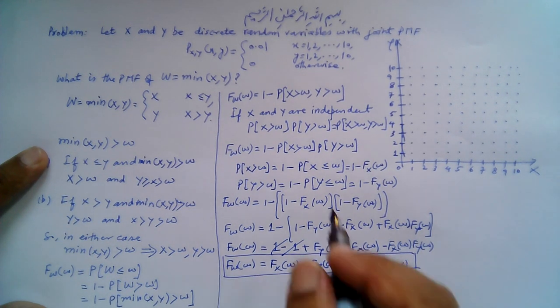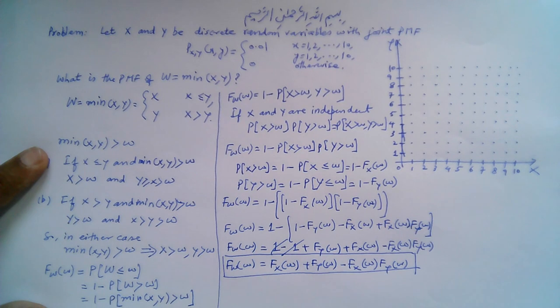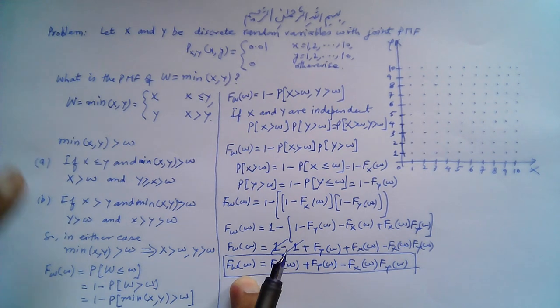Had we had the joint PMF of the random variables X and Y, or the individual ones, we could have derived the marginal functions, and then we could use this relationship to build the CDF of random variable W.